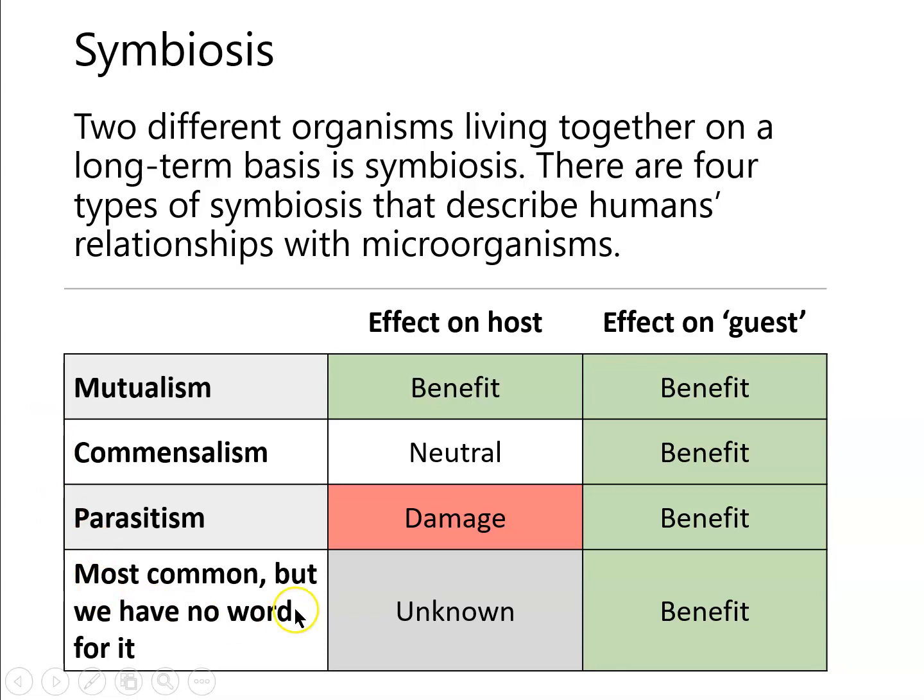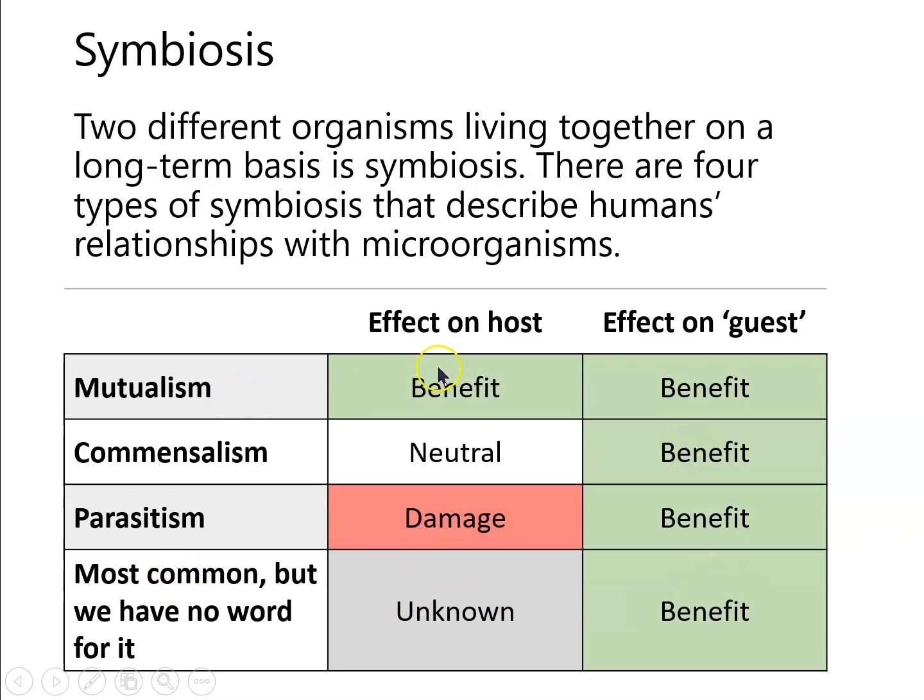And so that is actually the most common symbiosis we have with microorganisms, is when we know they benefit because they're living on us and growing, but we don't know what effect they have on us. That is the most common, and we don't have a word for this. But functionally, this is the most common symbiosis we're part of.